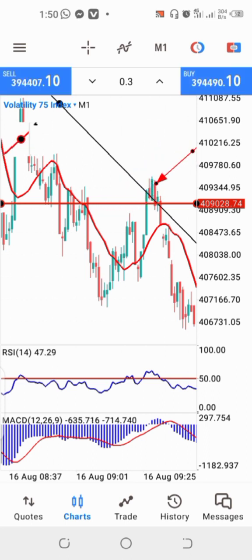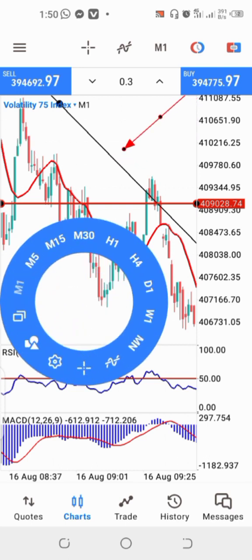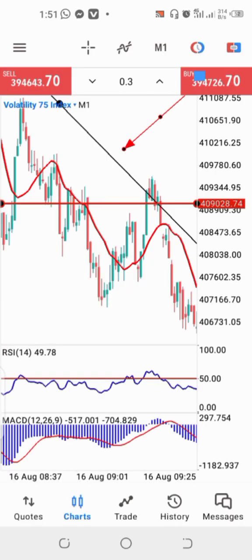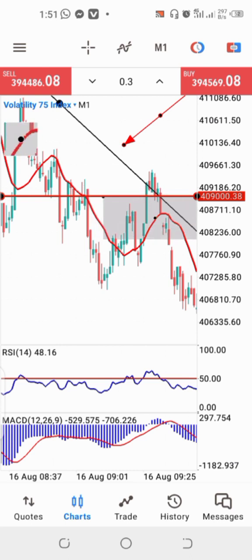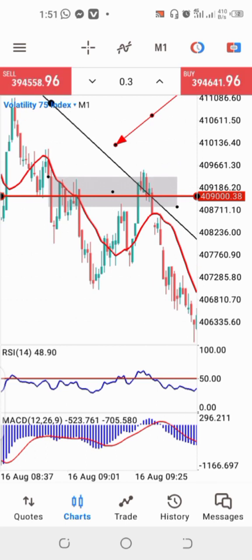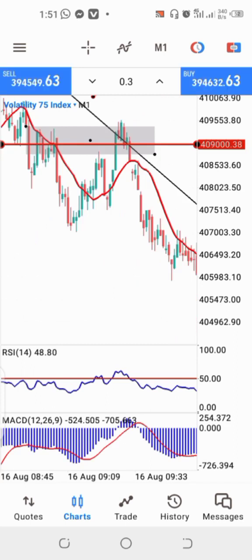So you see, we have a lot of tools to confirm that this is a valid setup. We have a lot of reasons to confirm this setup. So what do we do?